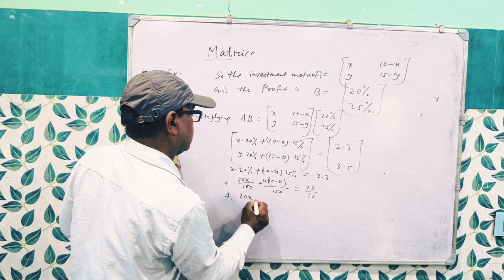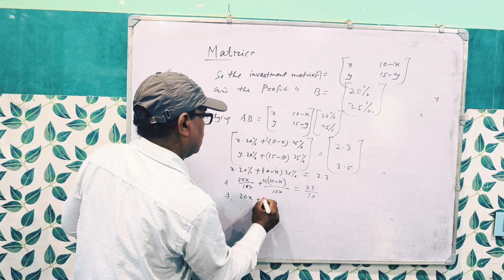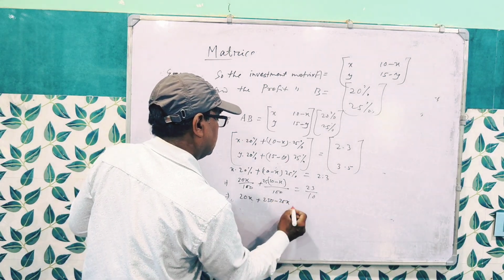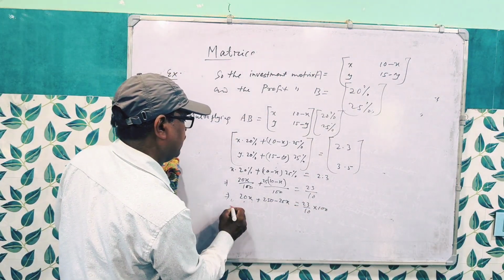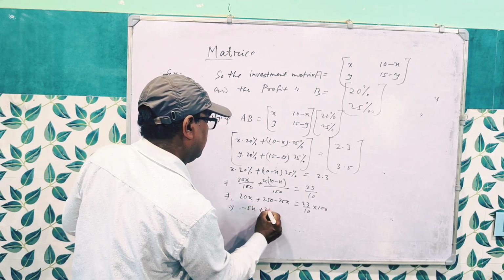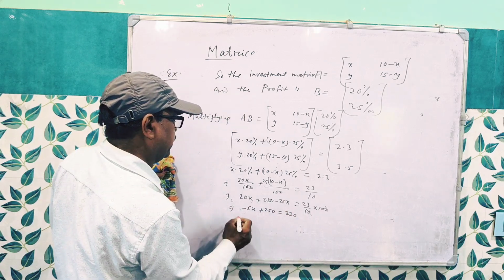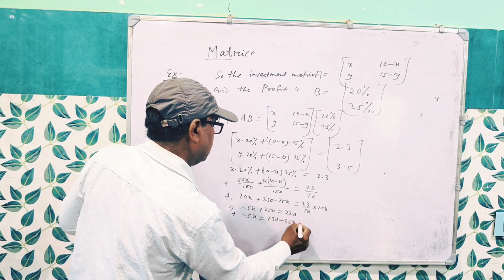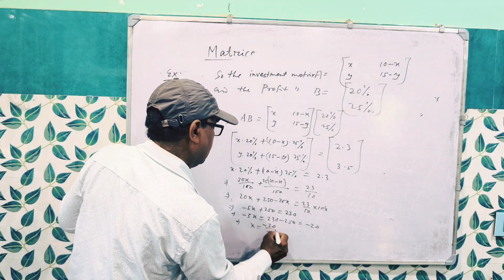This implies 20X plus 250 minus 25X is equal to 23 by 10 into 100, or minus 5X plus 250 is equal to 230. This implies minus 5X is equal to 230 minus 250, which is minus 20. This implies X is equal to minus 20 by minus 5, which is 4.